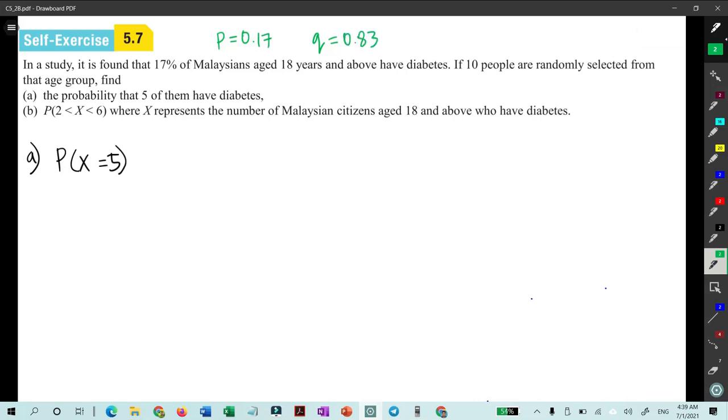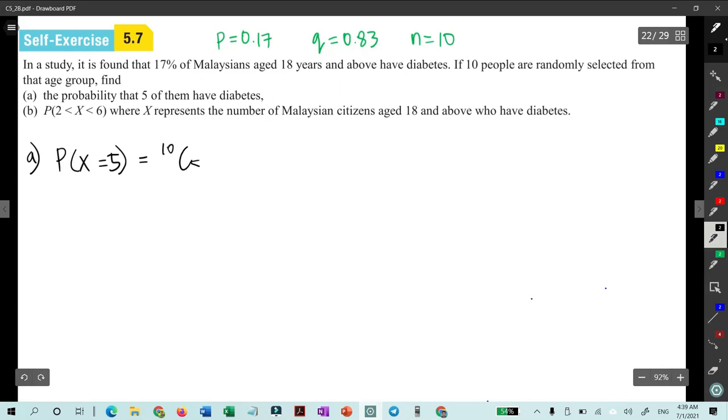And since we select 10 people, the value of n is 10. So P(x = 5) is going to be 10C5 multiplied by 0.17 to the power 5 multiplied by 0.83 to the power 5.